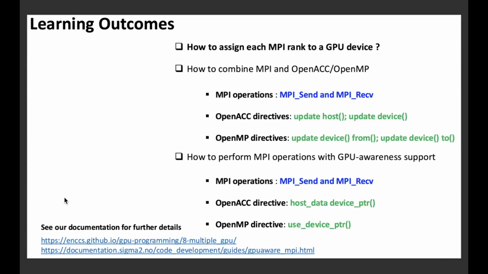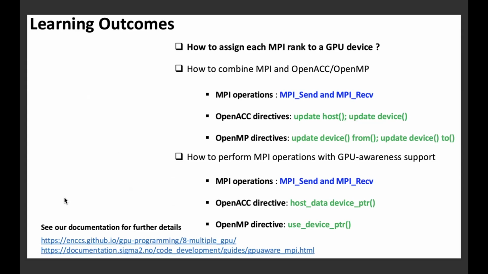So there will be three parts here. First, I will try to have 15 minutes on each part, such that we can have 10 minutes of examples on each part. In the first part, I will focus on how to assign each MPI rank to a specific GPU. Then I will stop, and we will have an example that you can run.